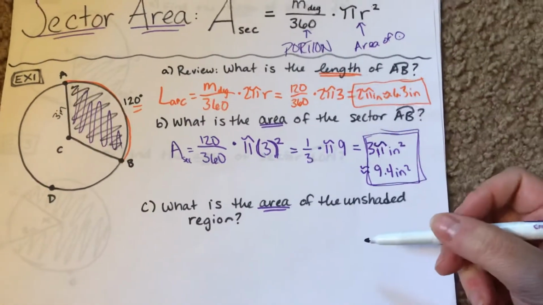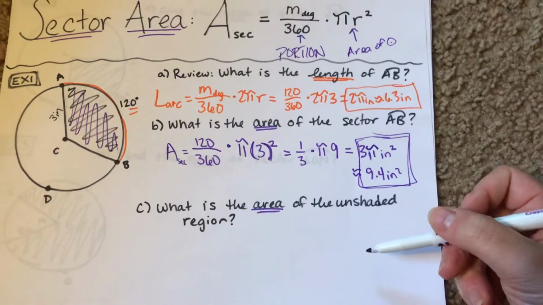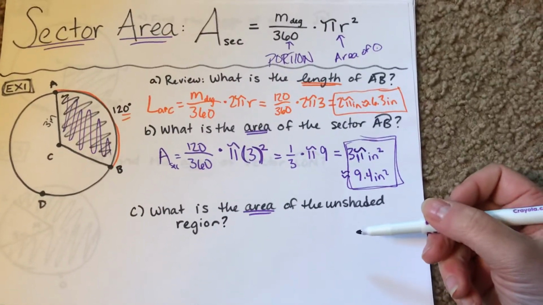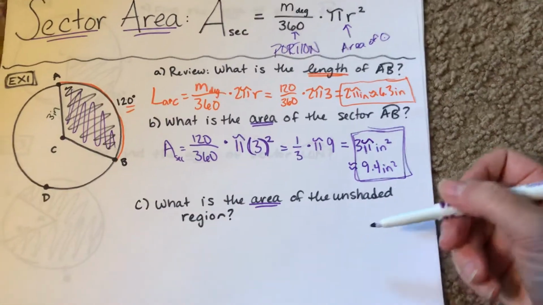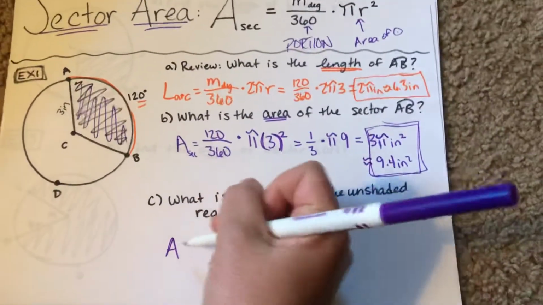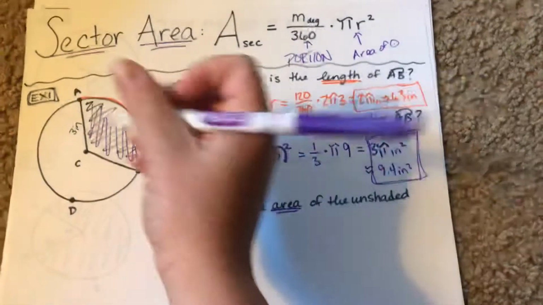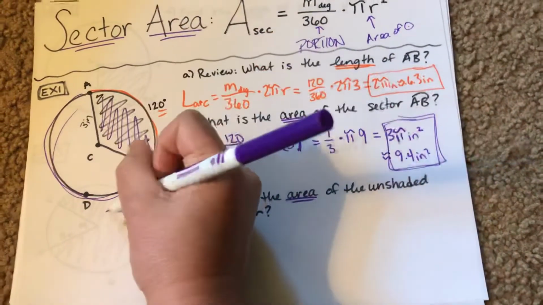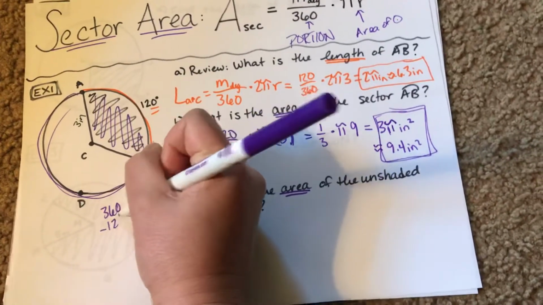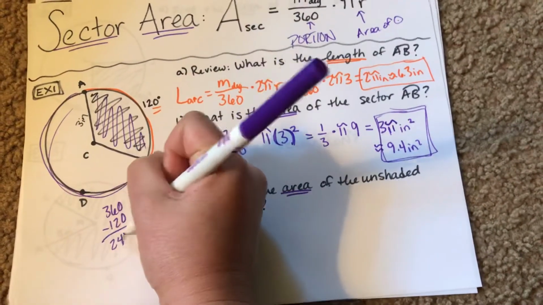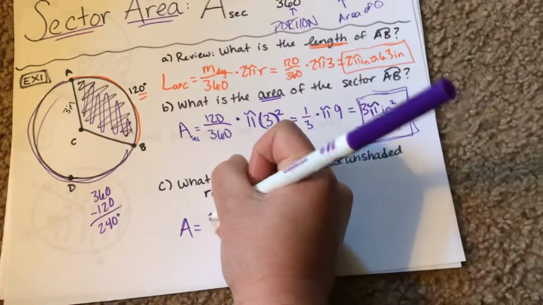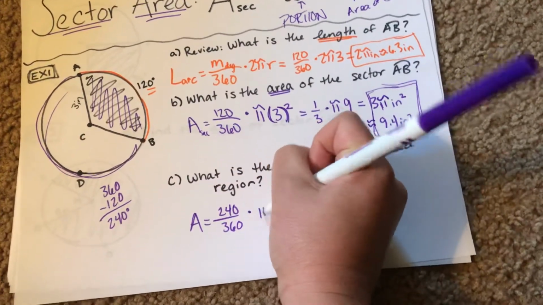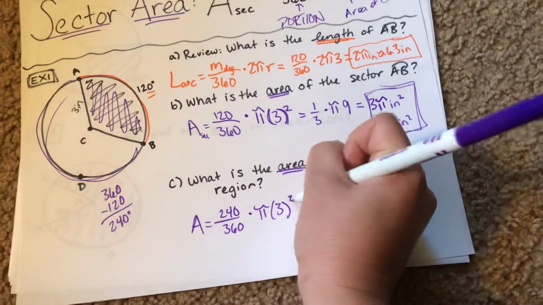Then there's another example here. What is the area of the unshaded region? Oh, that's such a great question. To do the unshaded region, you would do the same idea, except in this case, we would figure out this part that's left over. It's not 120 in this case. It'd be 360 minus 120, which is 240 degrees. So we're going to do 240 over 360 times pi times the radius squared. Notice that didn't change.